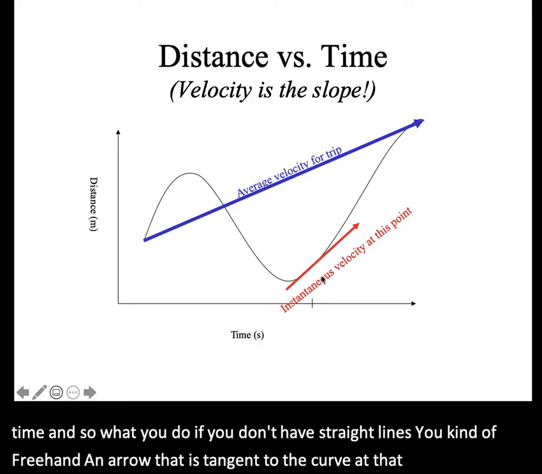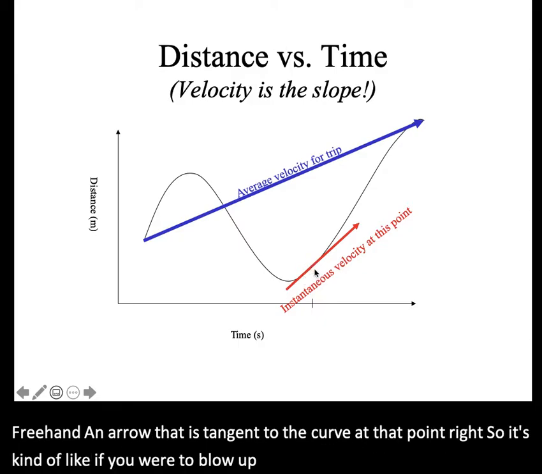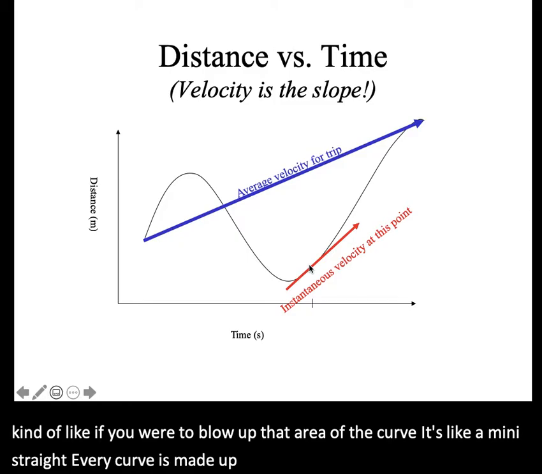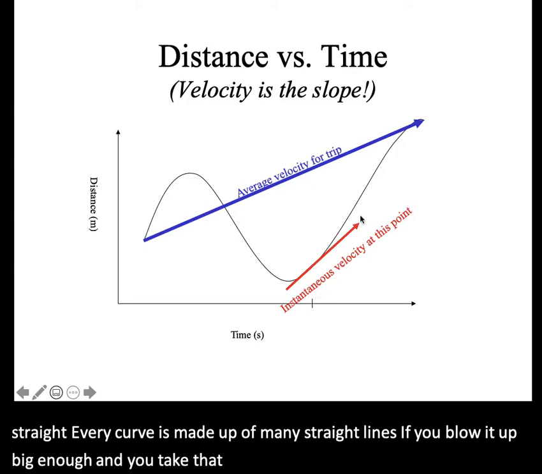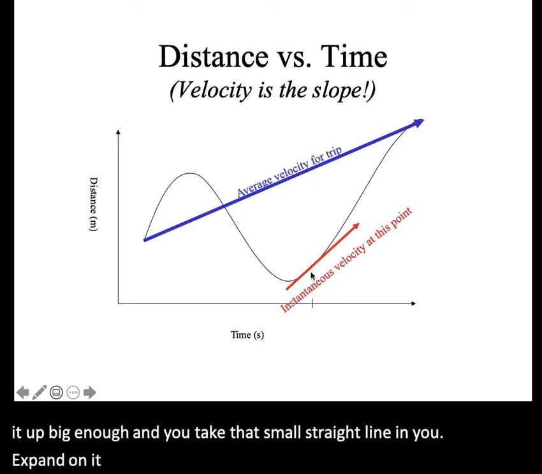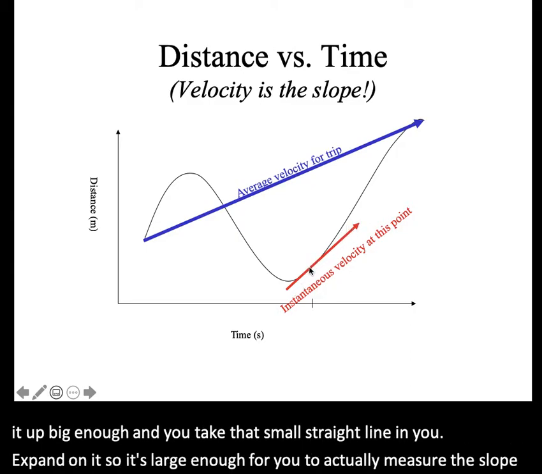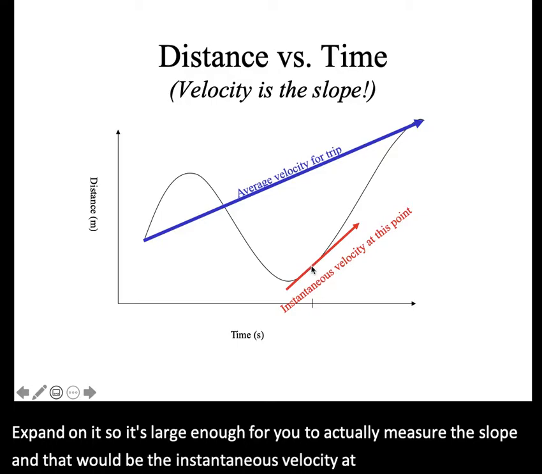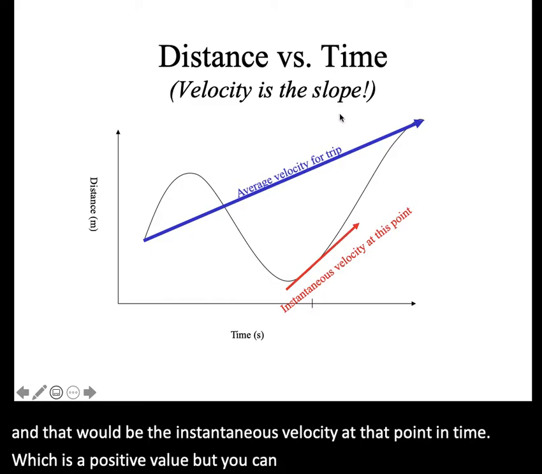So it's kind of like if you were to blow up that area of the curve, it's like a mini straight line. Every curve is made up of mini straight lines if you blow it up big enough. And you take that small straight line and you expand on it so it's large enough for you to actually measure the slope. And that would be the instantaneous velocity at that point in time, which is a positive value, but you can see the steepness of it is different than the blue arrow.